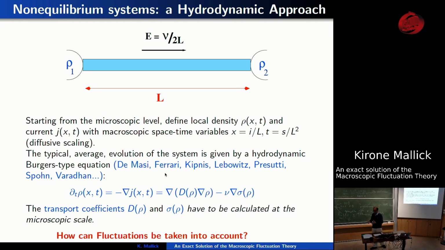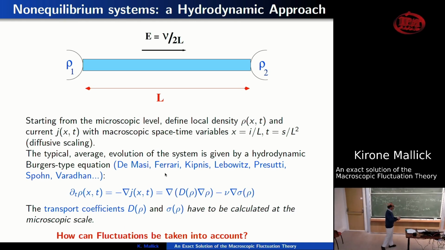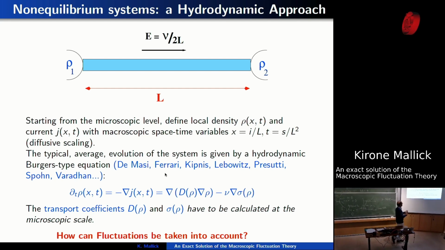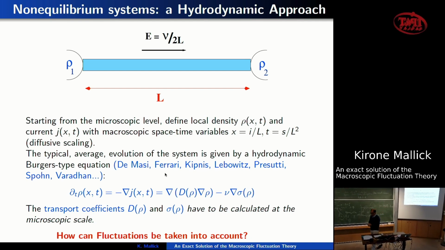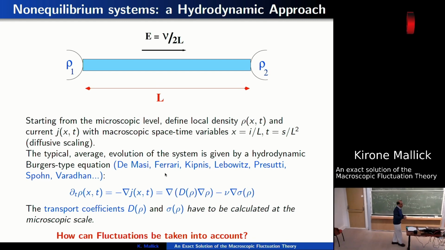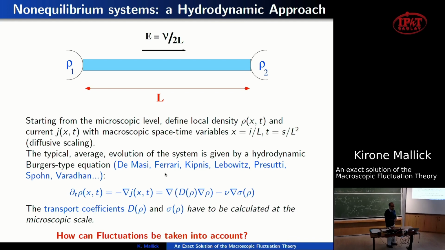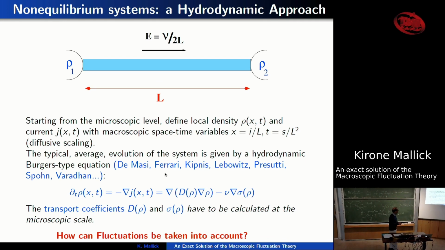You have some formulas like the Kubo formula and so on, but you have to work out the microscopic dynamics to be able to put them into your hydrodynamic equations. Just as, you know, viscosity in Euler or Navier-Stokes equations, the transport coefficients in hydrodynamics, you have to take them from empirics or from some other consideration, but they are not predicted by hydrodynamics itself.